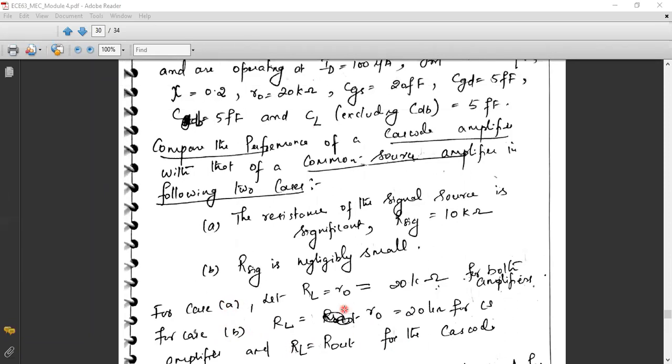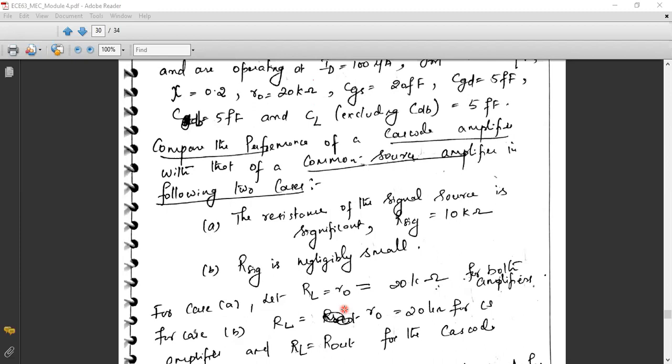So this is the concept of cascode amplifier. The conclusion of cascode amplifier is, if we are setting a very small value of R_Sig, or if R_Sig is negligibly small, then we can attain the property that the gain bandwidth product of the amplifier is a constant.